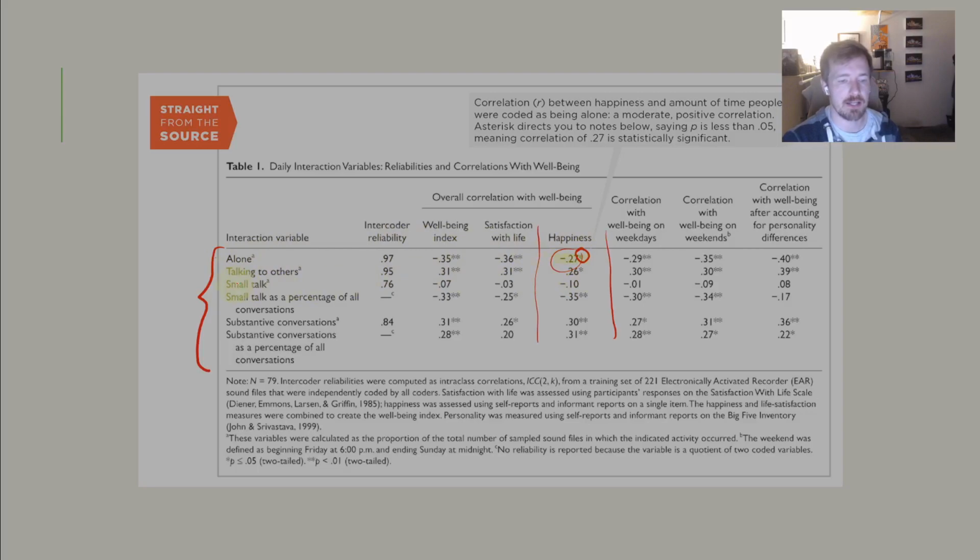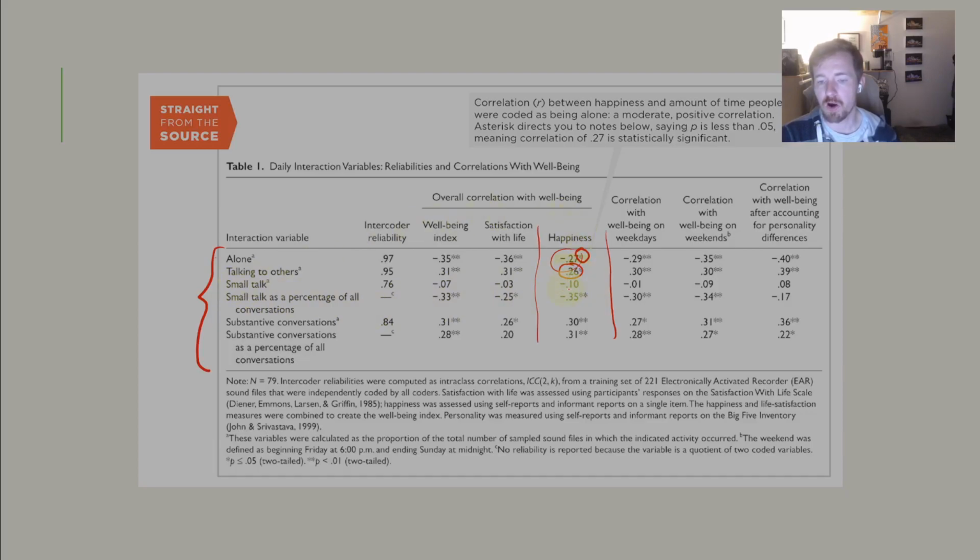If I look over at talking to other people, it looks like that has a correlation of 0.26, and that it is also statistically significant. So it is meaningful. That means that those things actually do seem to affect behavior. If I look at this right here, a correlation of negative 0.10 means that there's a negative correlation of 0.1 with small talk and happiness.